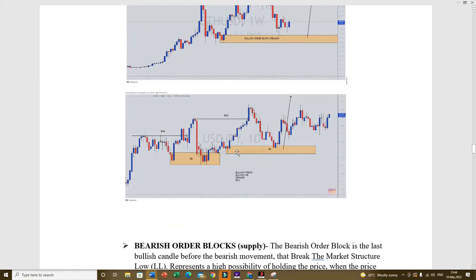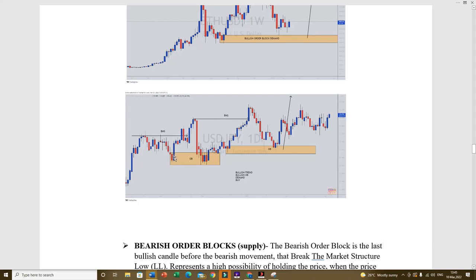If you look at this chart, you actually see that our price was rising in this region. It created this high, price came down. This last red candlestick becomes our order block. The bullish order block is the last red candle, the last bearish candle before price moves up to break the previous high.